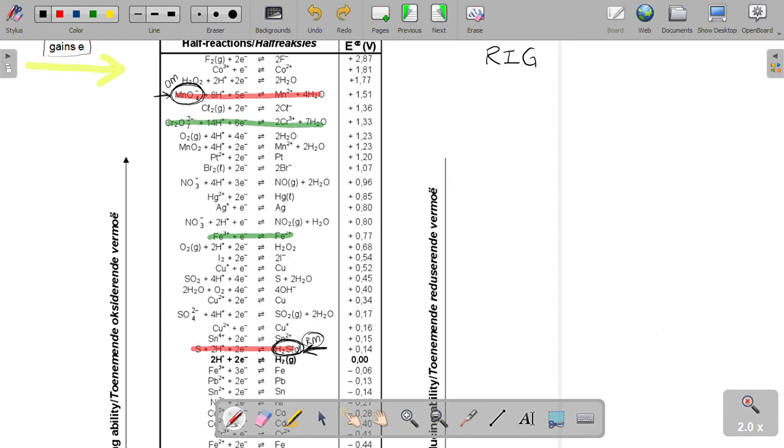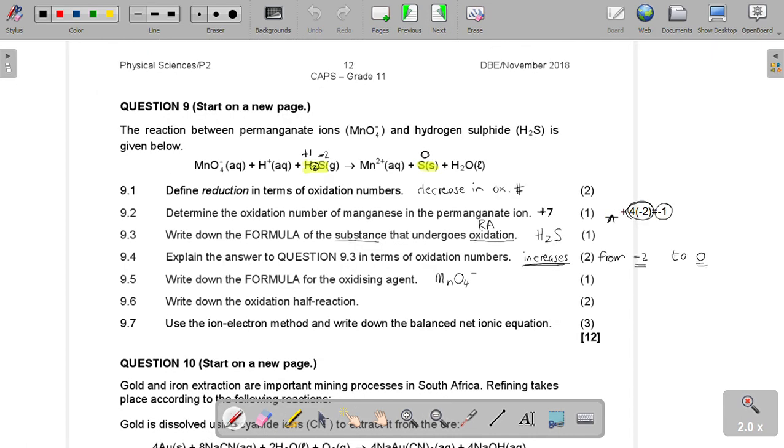That will be the oxidation half reaction. So dan gaan skryf jy hom net vir jouself uit. H2S vorm S plus 2 waterstoffe plus 2 elektrone.